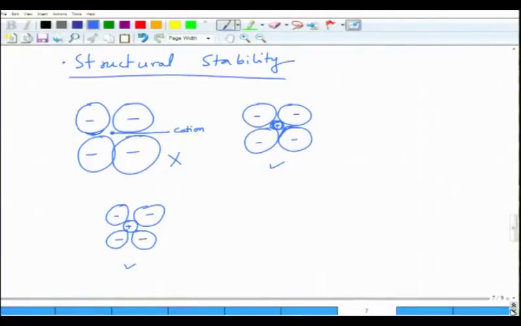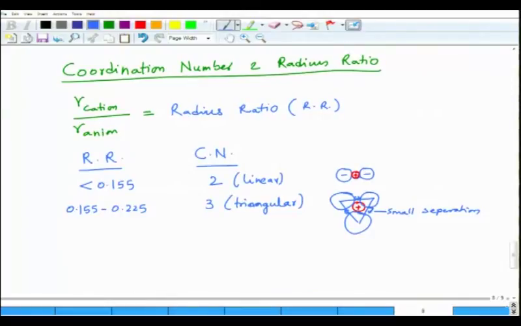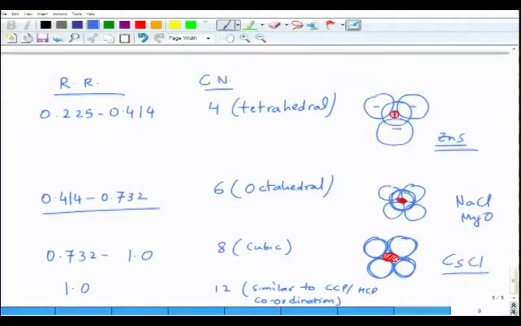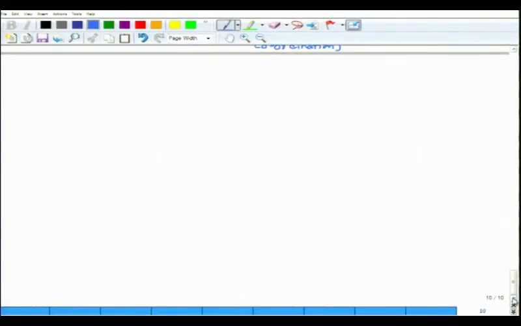All of this cannot be possible without following these rules, because if the cation is very small and the anion is very large, then obviously anions and cations will not touch each other if you have too many anions surrounding a cation. So, depending upon the size, there is a certain limitation on the maximum number of neighbors that one atom can have. As a result, these structures follow these rules.